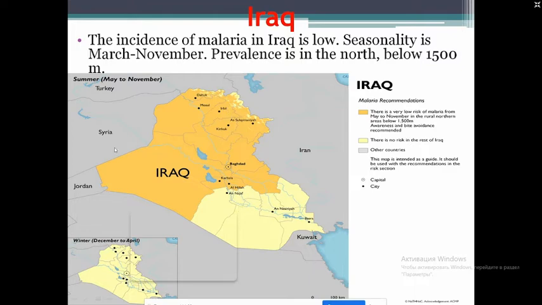And the whitish, beige color on this map is the region of Iraq with very low possibility of transmission of malaria.